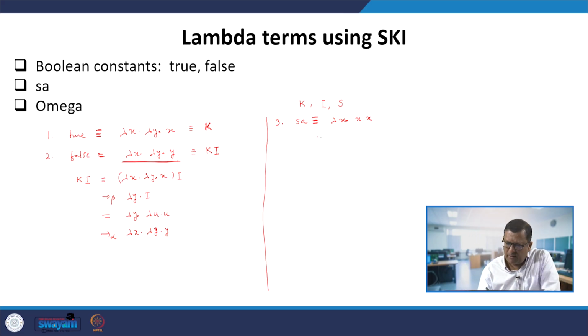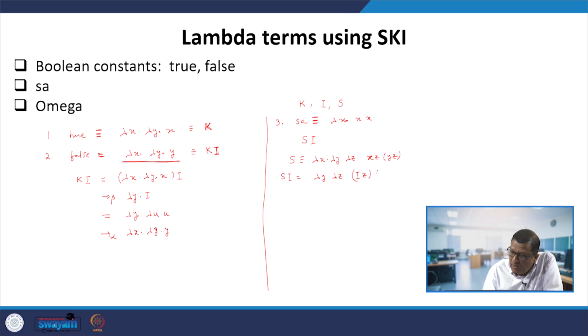So here, for lambda x dot xx, we start with S and apply I, that is SI. S we know as lambda x, lambda y, lambda z dot xz, yz. So SI will give us, with x being I, I z of y z.